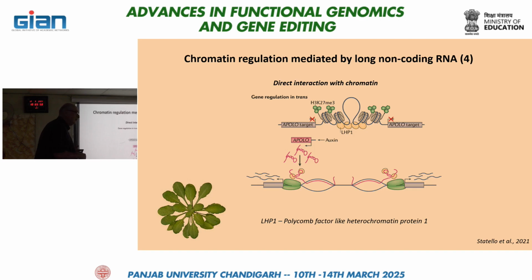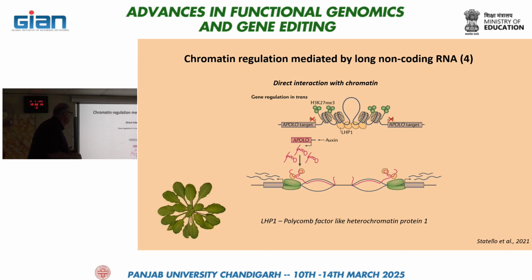It's induced by auxin and it will induce expression of some target genes. But what's going on? Without APOLO, these APOLO target genes, doesn't matter which, we will not name them, are inactive because the histones are modified in such a way that they are not active.